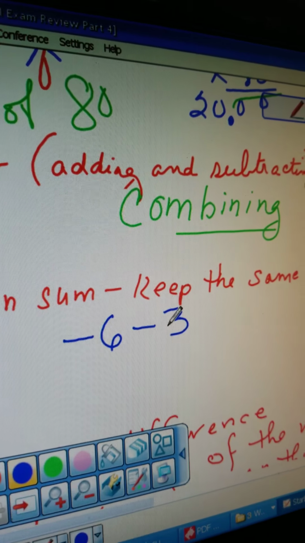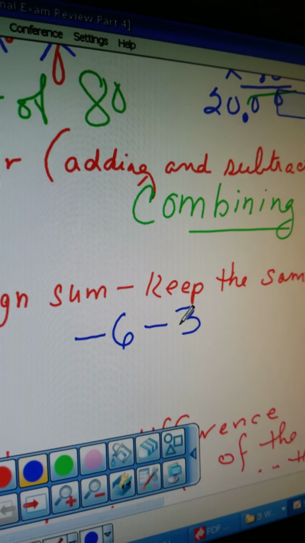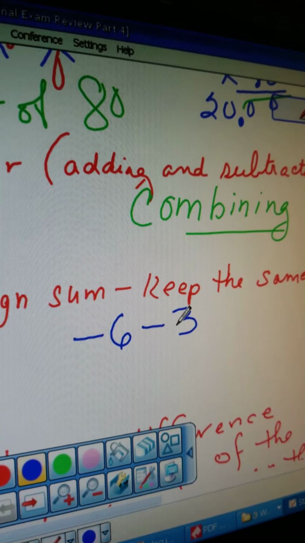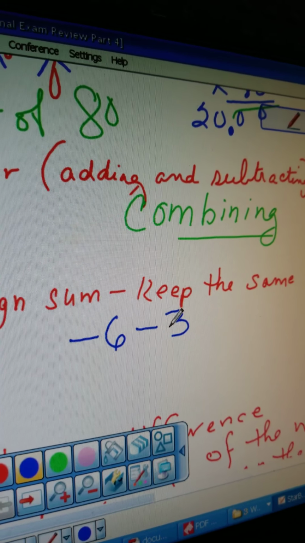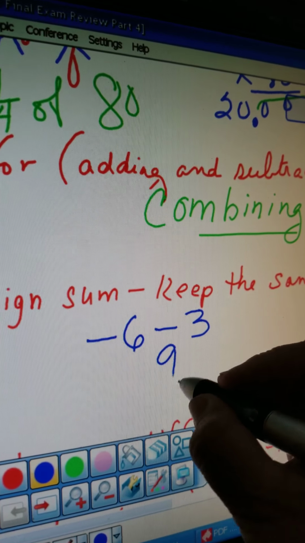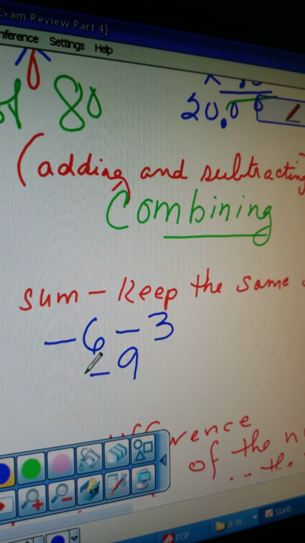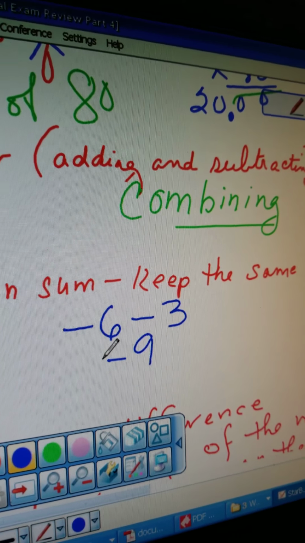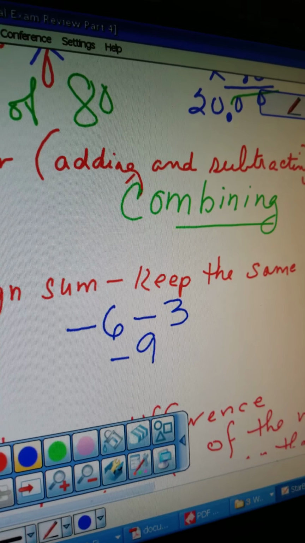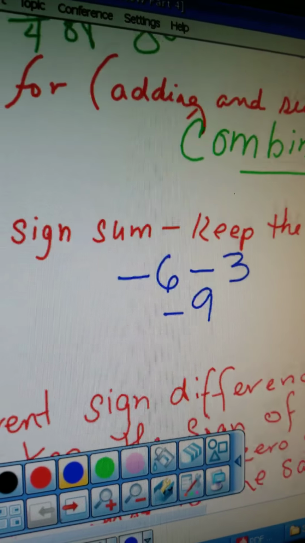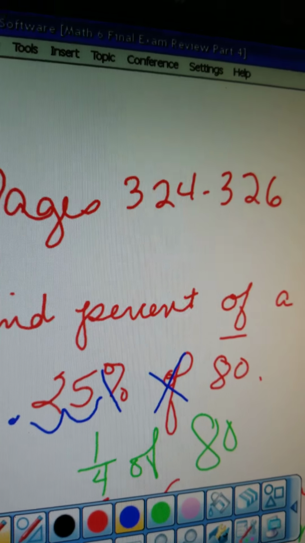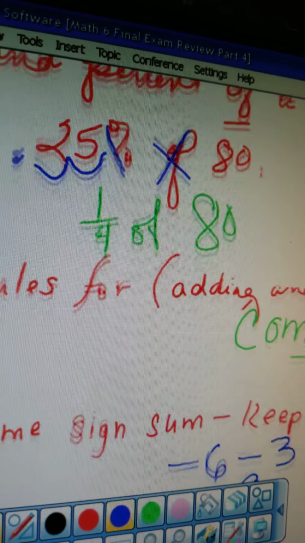Think about it, it's combining. I have a -6 combined with a -3. They have the same sign. So I take the sum and keep the same sign. Same sign, sum. You're going to have a few problems like this. So make sure you practice, and you can go back to that page 324 to 326 to do some practicing.